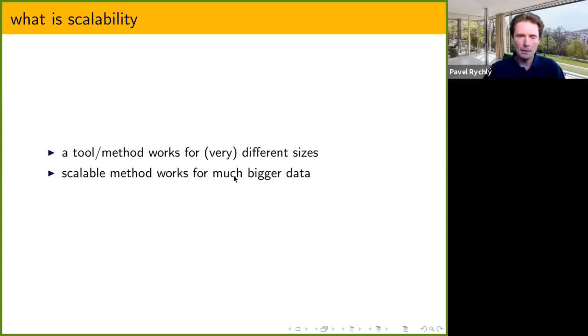Especially, we want a method which works for much bigger data, because we will talk mainly about processing or computing data. So the processing of much bigger data with the same method is the key theme of this talk.